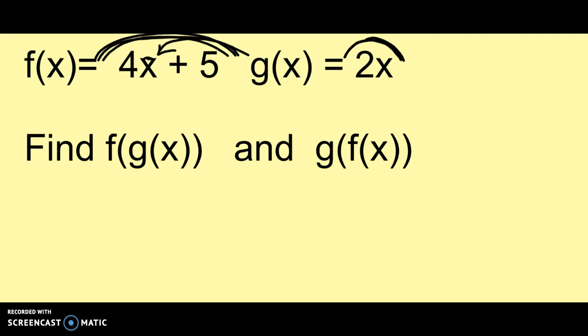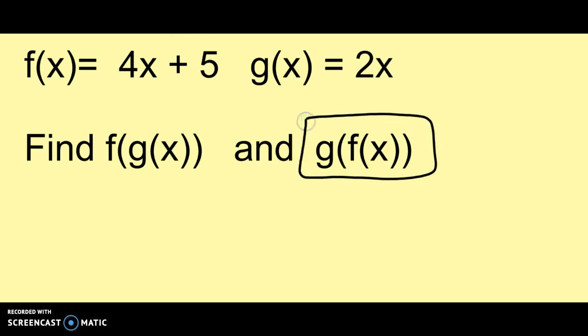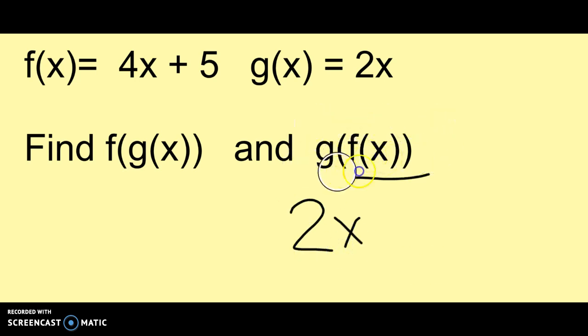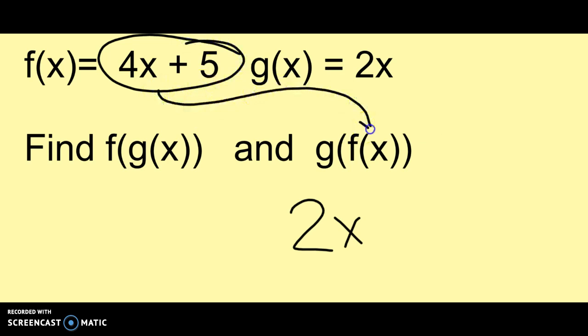Our first function is our g function. It's on the outside. Think of it like a box, okay? You've got your big box and you've got your little box. Your big box is your g function, so you're going to write 2x. Now all of the f function is going to go inside of the g function. So this whole entire f function goes inside here. It's going to go in for the x.